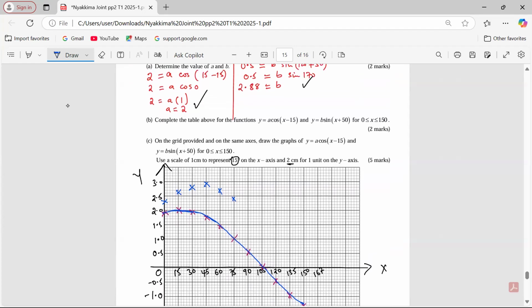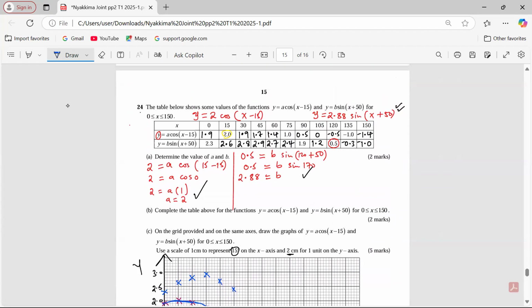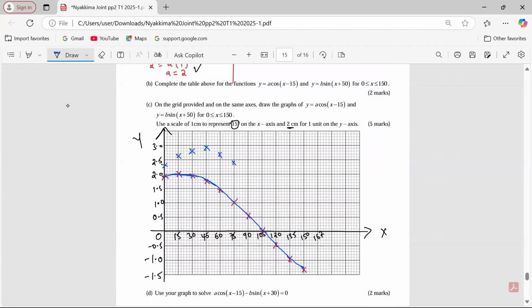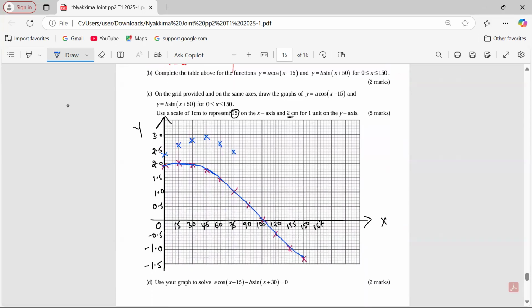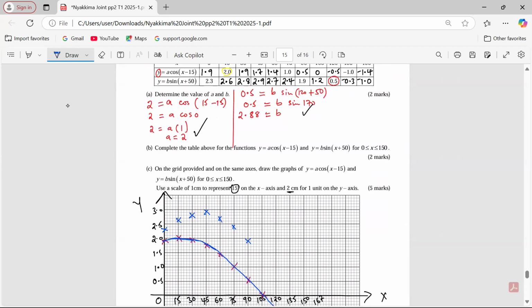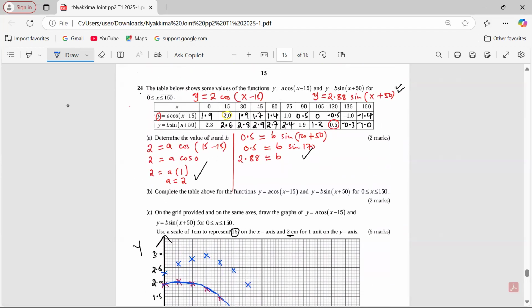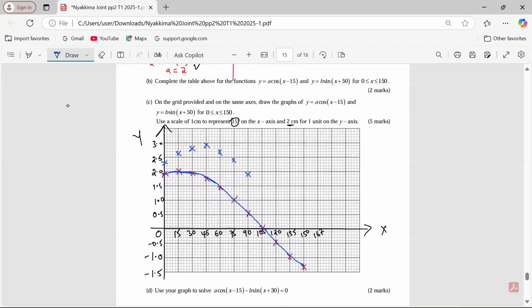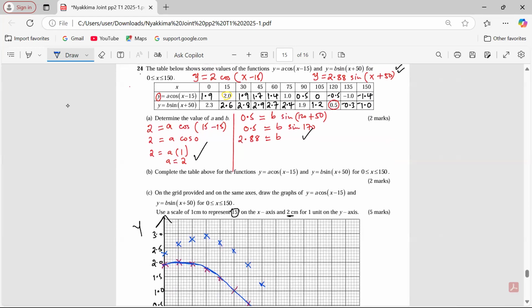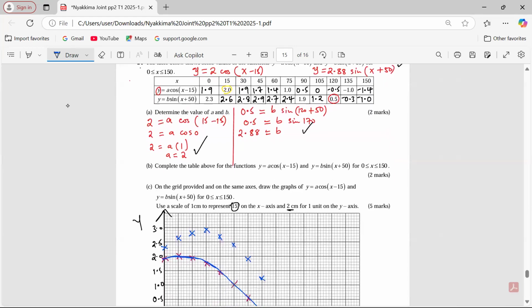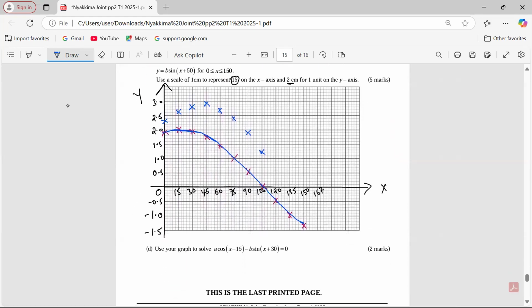Then at 90, 1.9, slightly below 2. At 105, 1.2, which is here. At 120, we are talking about 0.5, which is this value.